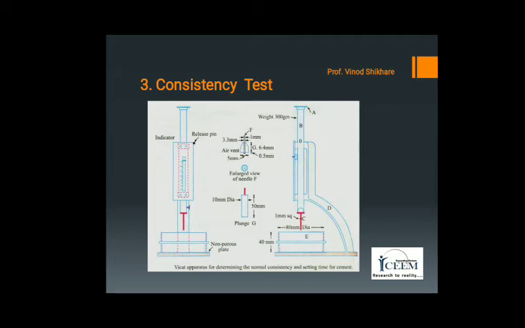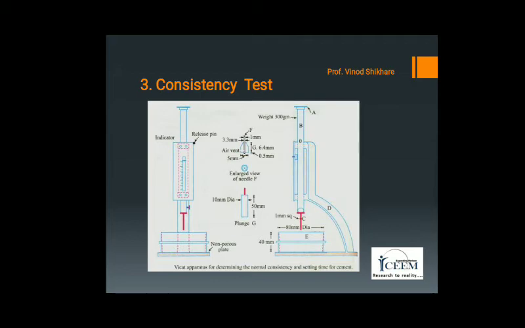Vicat apparatus consists of a metal frame, a movable rod with a cap at the top and a plunger at the bottom end, and a mold. The weight of the movable rod along with cap and attachment is limited to 300 grams.